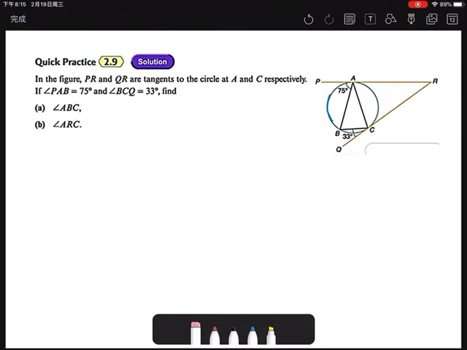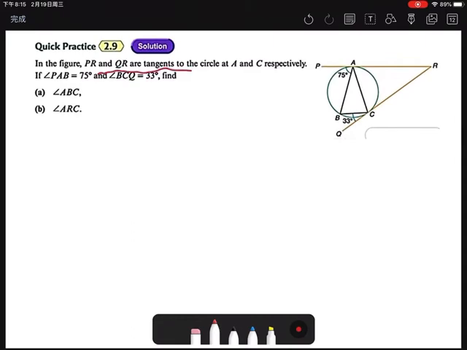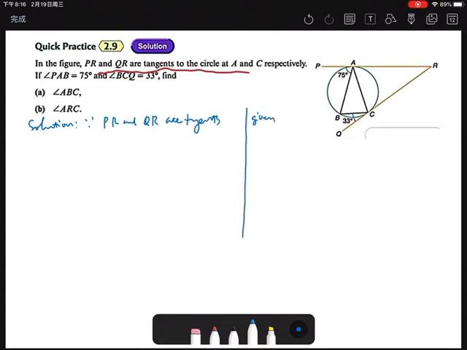All right, so now let's try to write out the steps. When you do the question, it is better to analyze the question like this: find out the given condition and highlight it. Now let's organize the steps. Solution: because PR and QR are tangents, this is given.